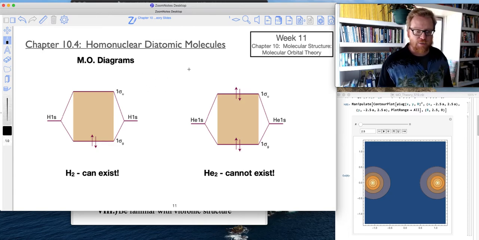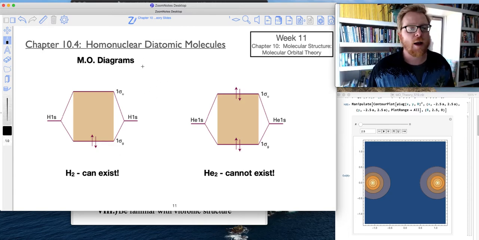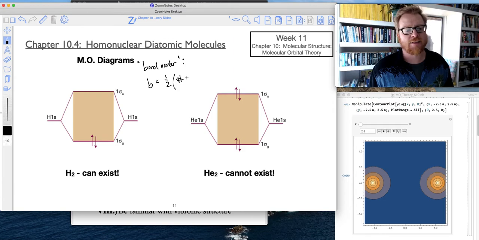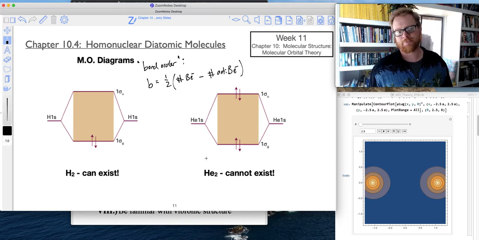And so I forgot to put the formula on here, but we can come up with something called bond order, which is given as the following: B is 1/2 times the number of bonding electrons minus the number of anti-bonding electrons.